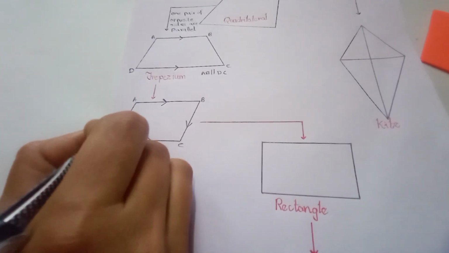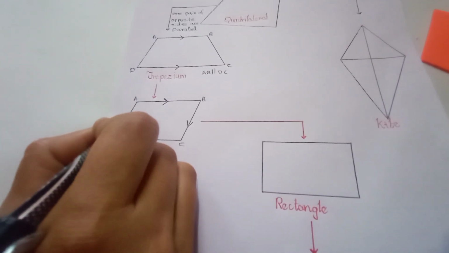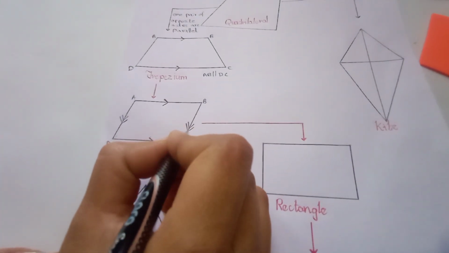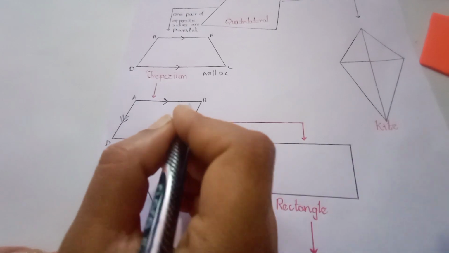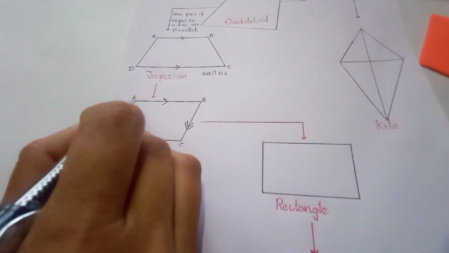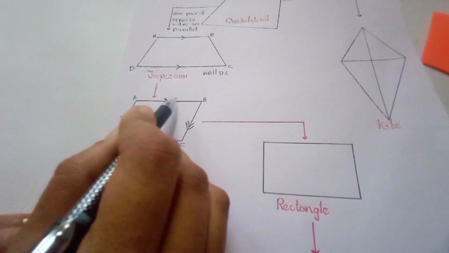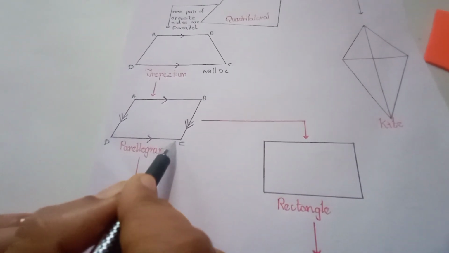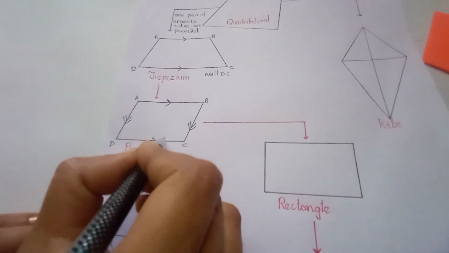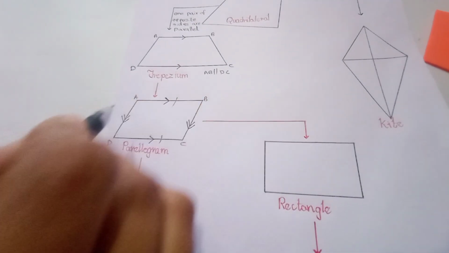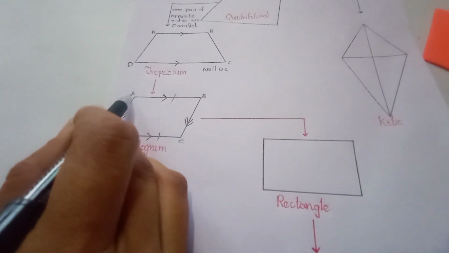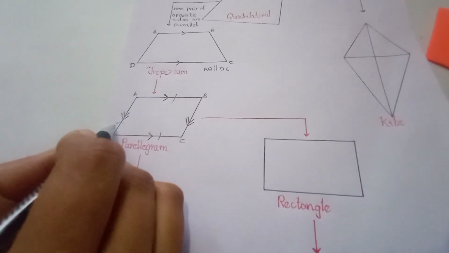So, for the other pair of parallel lines, we use a double arrow. And AB equal to DC like this, and BC equal to AD.